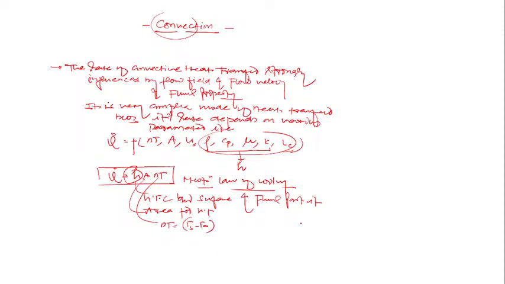Is this clear? So although it is very complex, it is still a very simple expression to find the rate of heat transfer by convection. Now all the complexities are involved in the calculation of the heat transfer coefficient, because if h is known to you then it's very simple.